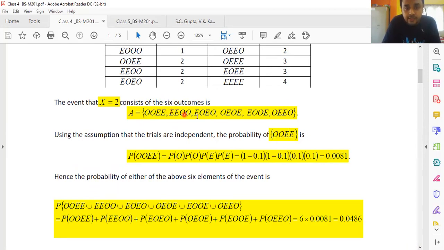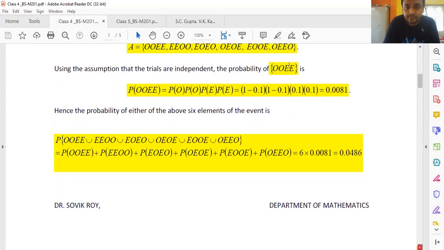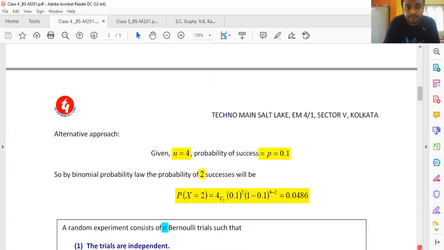And therefore, each of these 6 sequences are mutually exclusive. So we can get error bits in the following manner. We can get either this or this or this or this or this or this. And you know, when these things are mutually exclusive, probability of A union B equals PA plus PB, and therefore we have written all these. In each case, you are going to get the probability 0.0081. So it is getting multiplied by 6, and we are getting the probability as 0.0486. And we are done with the problem.